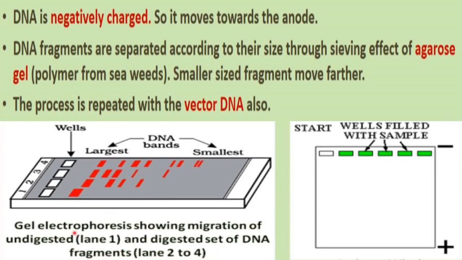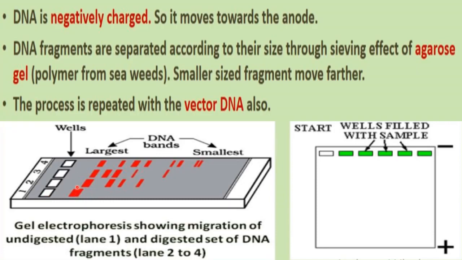Here you can see this is gel electrophoresis showing migration of undigested DNA, that is lane 1. In lane 1 this is undigested DNA, on which the restriction enzyme has not worked. So in the first lane, in the first well, we fill the DNA that is not incubated with restriction enzyme, just as a sample.